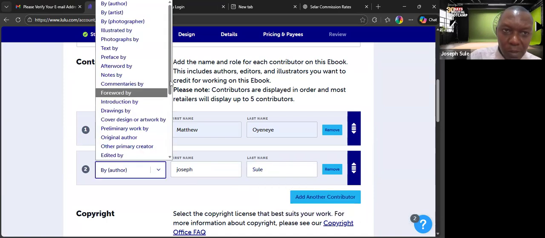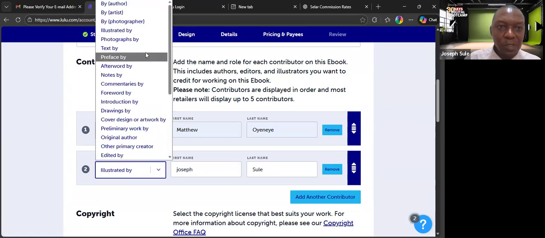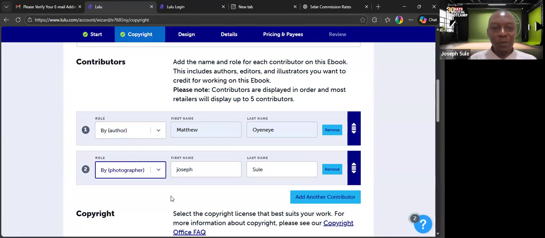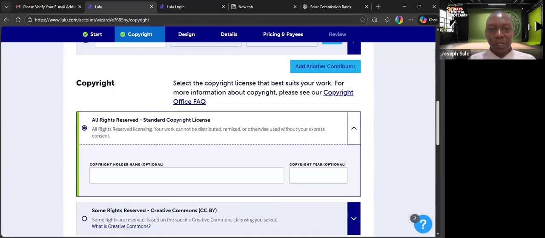Then I'll come here and select my role as an illustrator. If what I did was to snap pictures that are used in the book, then I'll change my role and say I was the photographer. Any photo you see in the book was processed by me. But it's a sole ownership thing, so I'll remove this, okay? All right, so we go down.